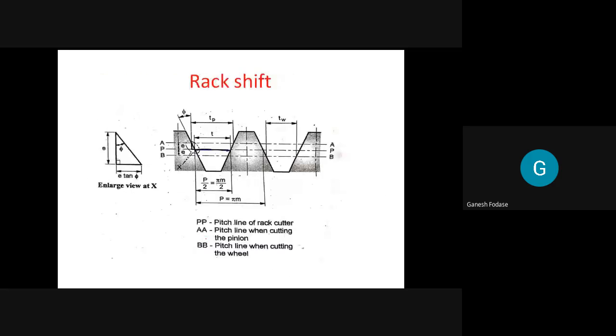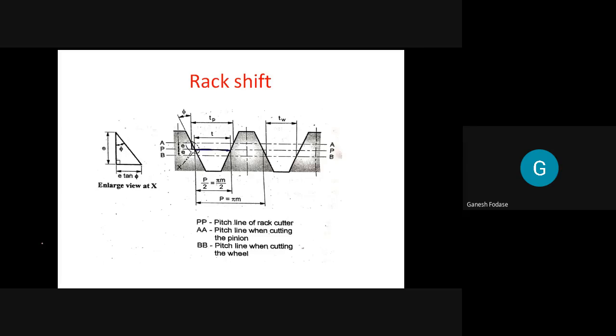So the second topic we discussed is methods to avoid the interference. First we discussed the expression for minimum number of teeth on pinion and wheel. Before that, we also discussed what is interference and undercutting. Now the concept of rack shift.